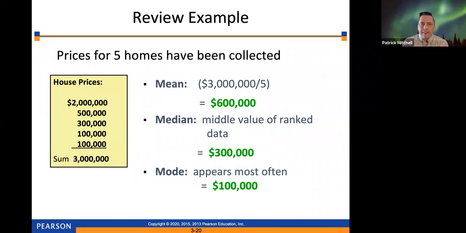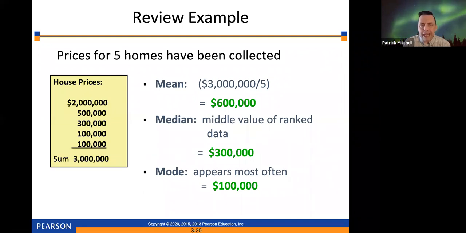All right, so here's an example where we're finding all 3 types of measures of central tendency. The prices for 5 homes have been collected, and those 5 prices are $2 million, $500,000, $300,000, $100,000, and $100,000.